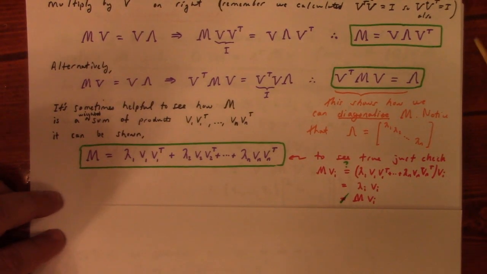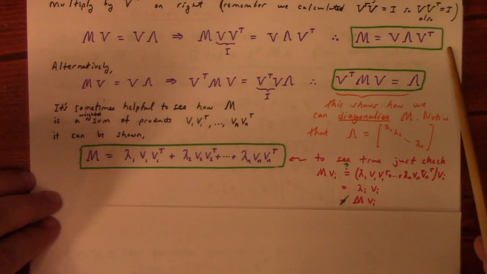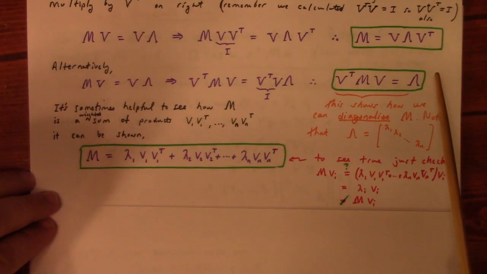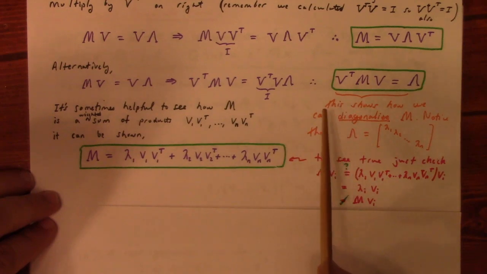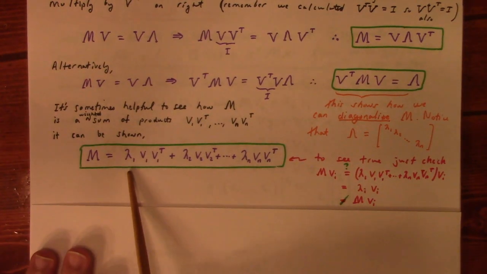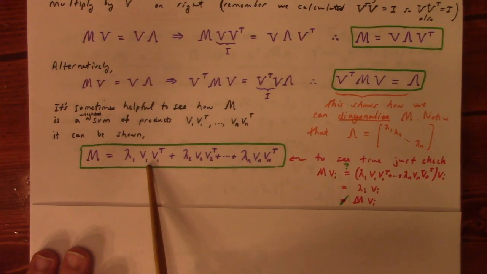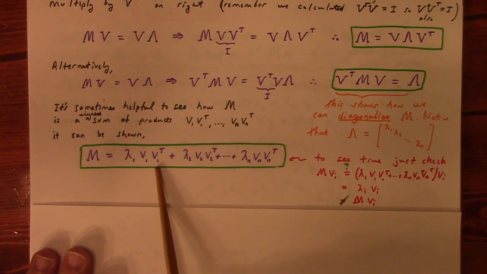One other thing I should mention, while I'm going down this memory lane of things we know about diagonalization of symmetric matrices. The other thing to notice is that if M is symmetric, you can actually write it as a weighted linear combination of eigenvalues times these matrices that are formed by the product of a column matrix and a row matrix.